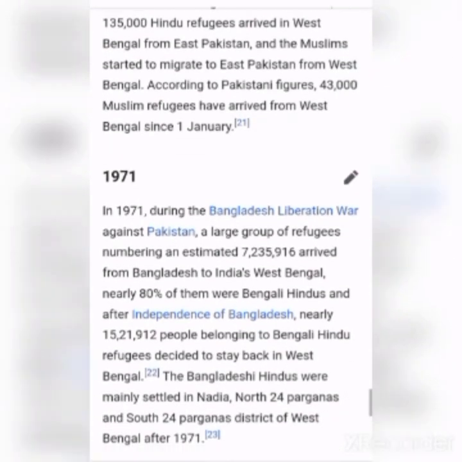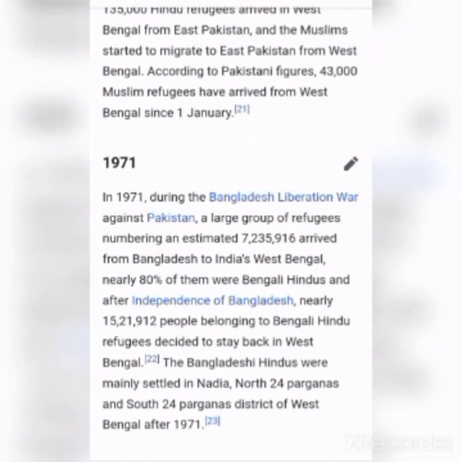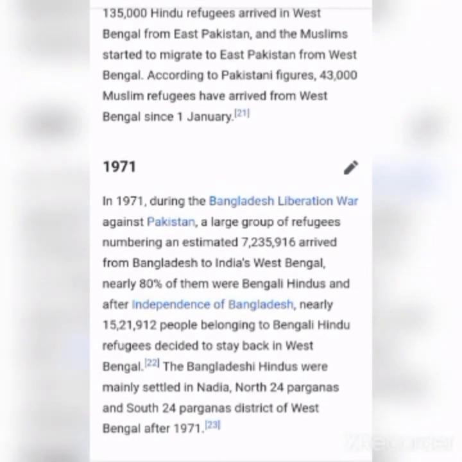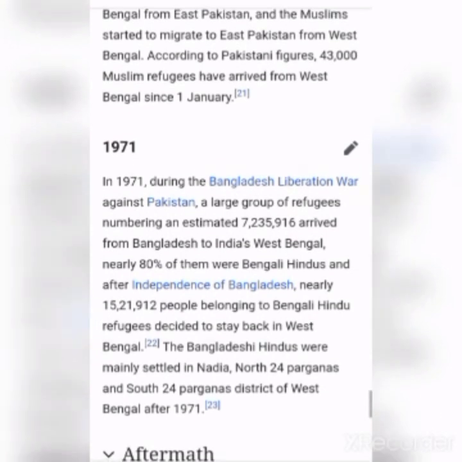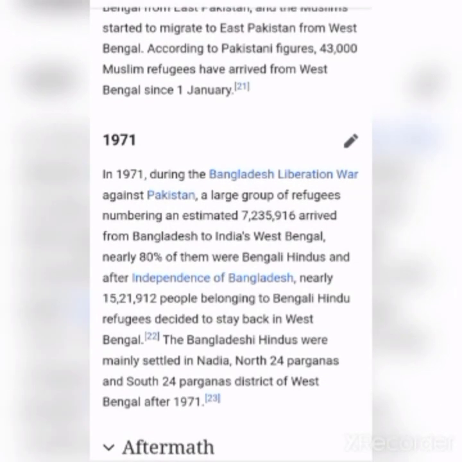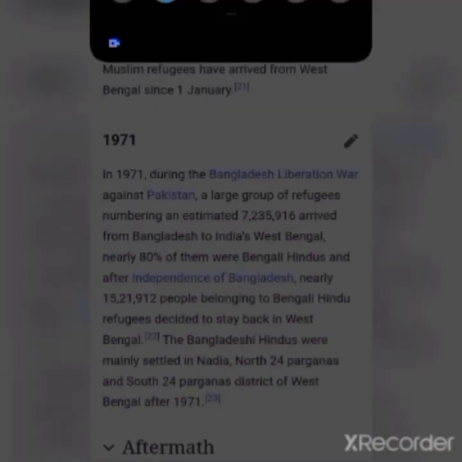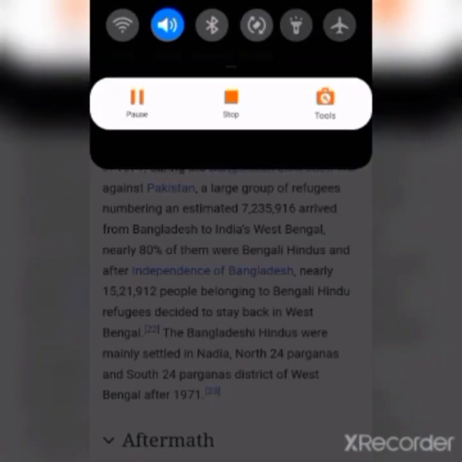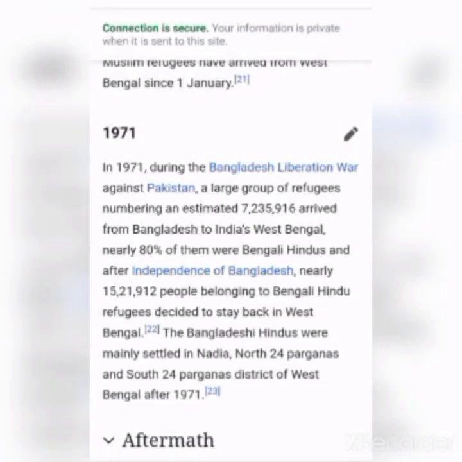In 1971, during the Bangladesh Liberation War against Pakistan, a large group of refugees, numbering an estimated millions, moved from Bangladesh to India's West Bengal.